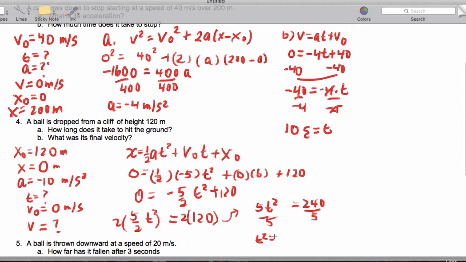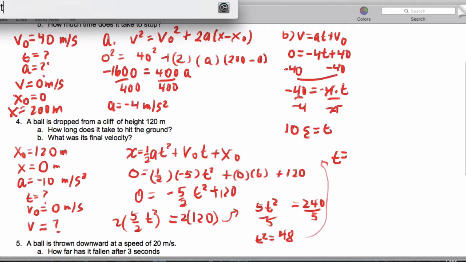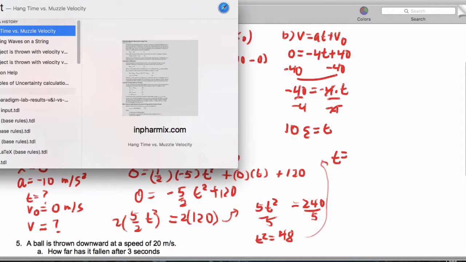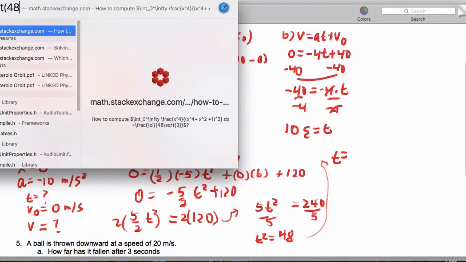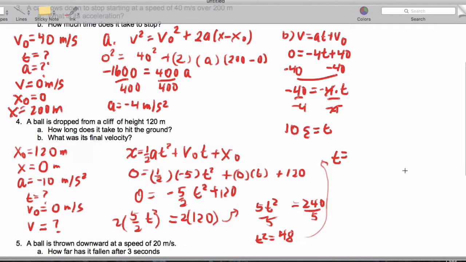T squared is 48. And t ends up being 6.9 seconds.